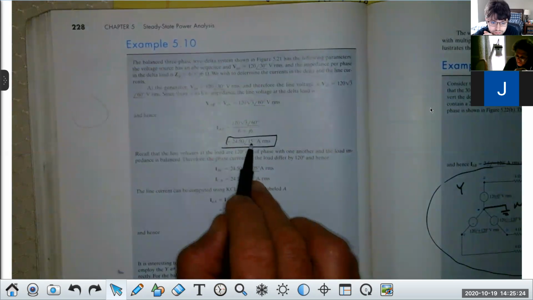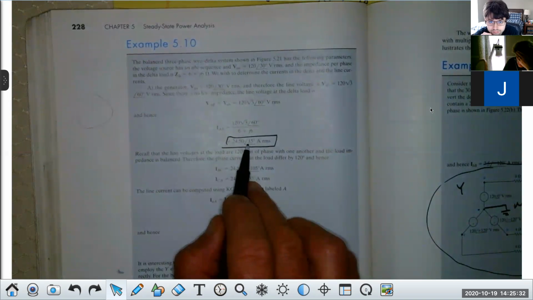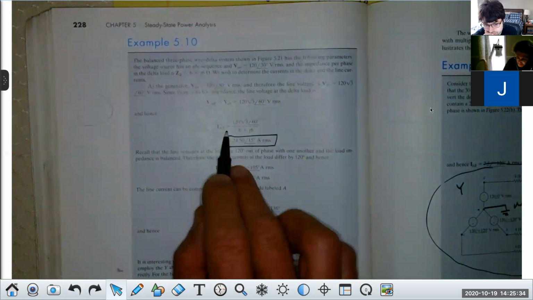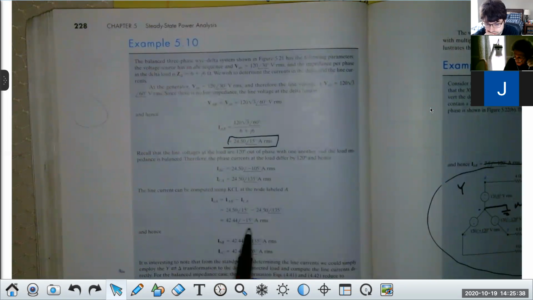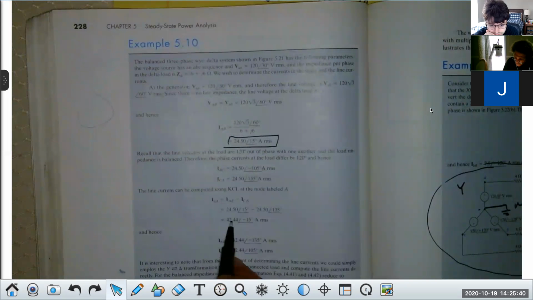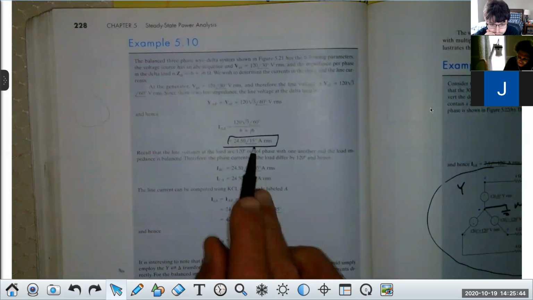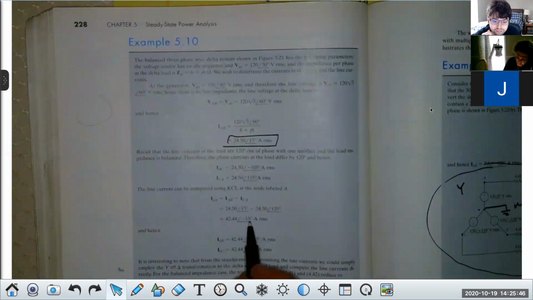Remember, the voltage when you go from Y to delta goes up by the square root of 3. Current goes down by the square root of 3. So I'm in the delta. To get back to the Y, I'm going to multiply by the square root of 3. And you can see that happens right here. It's 42.44. And then the angle is going to be decreased by 30 degrees.